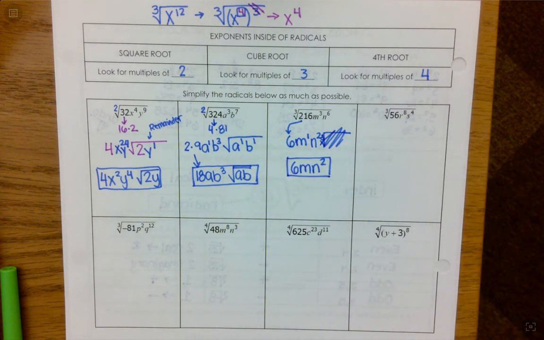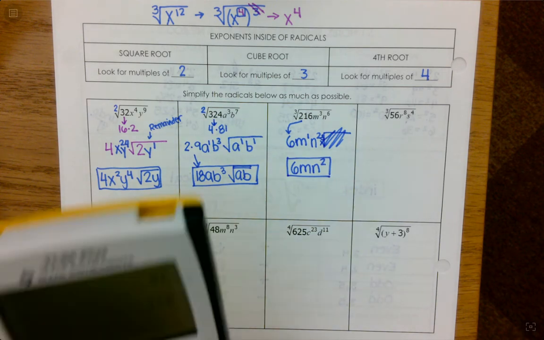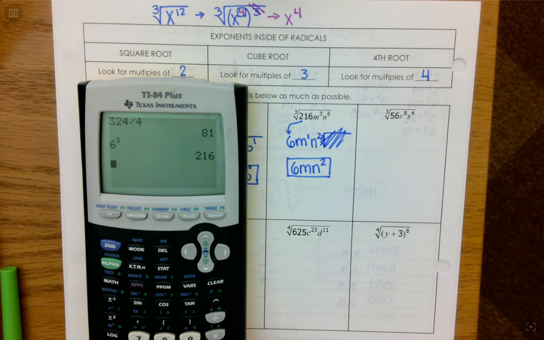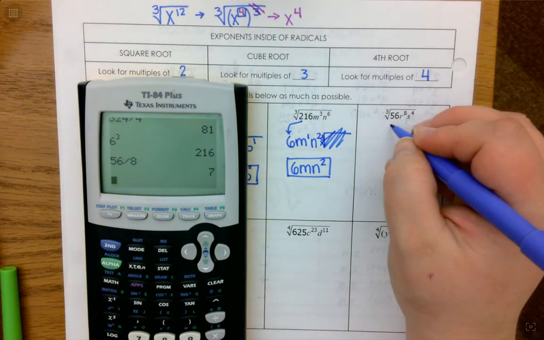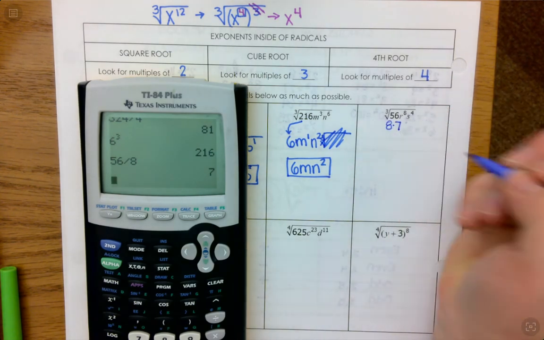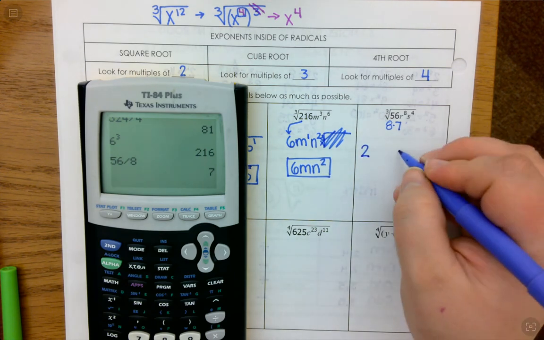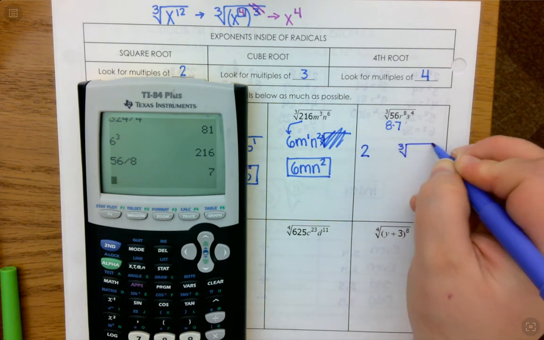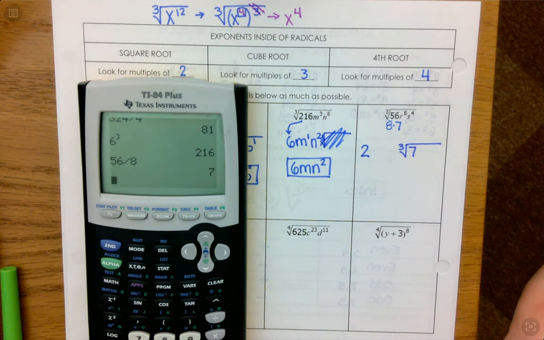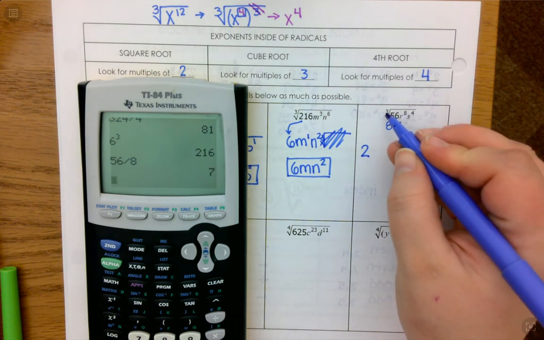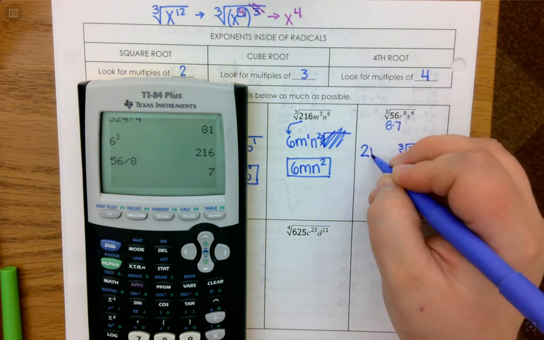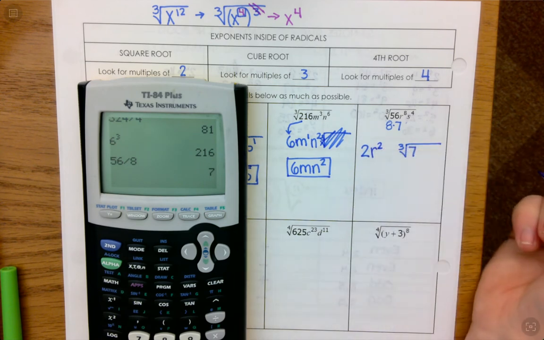Okay, next one. Cube root of 56 r to the 8th s to the 4th. 56. I'm going to try dividing by my perfect cubes. And there we go. I have it on my first try. It is 8 times 7. The cube root of 8 is 2. There is no cube root of 7, so it has to stay underneath. 3 goes into 8 twice, so our 2 comes out.